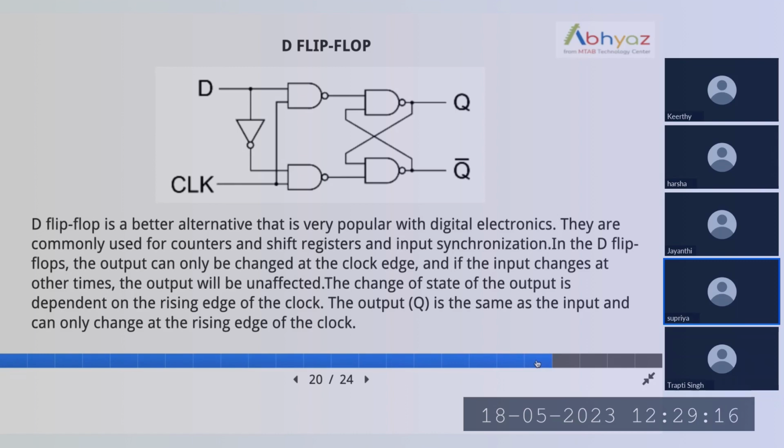The second input is always the complement of D. If D is 0, the other is 1. If D is 1, the other is 0, such that the previous outputs could be 0, 1 or 1, 0. That means Q here also acts as an input, which gives Q bar as output in edge triggering. The change of state depends upon the rising edge of the clock.